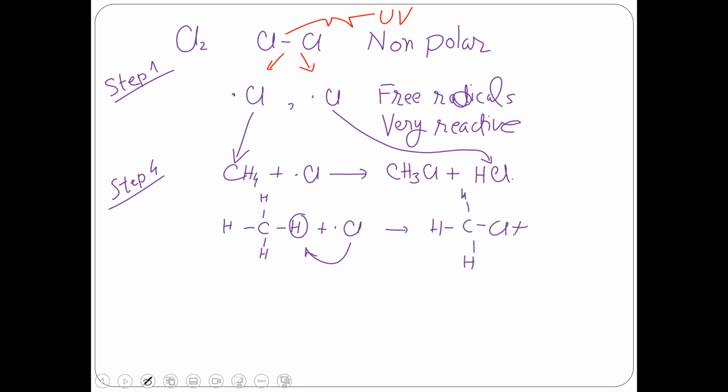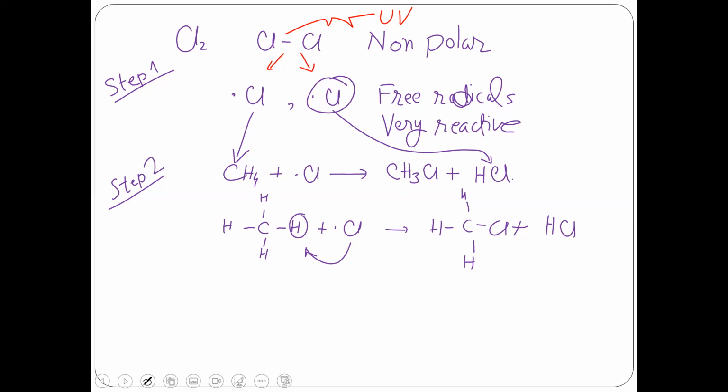Now that the hydrogen is out, the second chlorine will engage the coming out hydrogen and make HCl. I'm sorry, I wrote step 4. This is called step number 2.